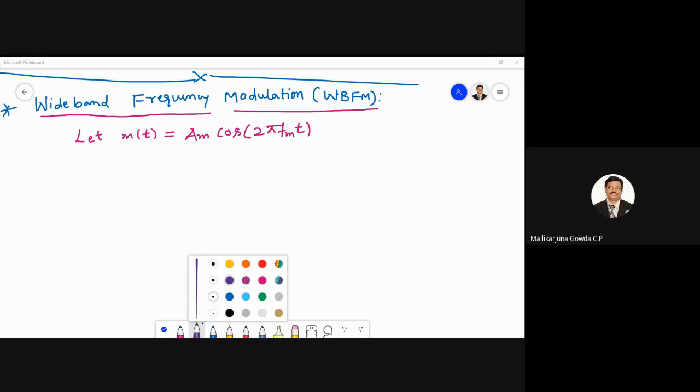Yes, what about Tipana? What is the expression you can write for FM signal when m of t is a sinusoidal message signal? Sir, Ac cos 2 pi fc t. One minute, I will write.